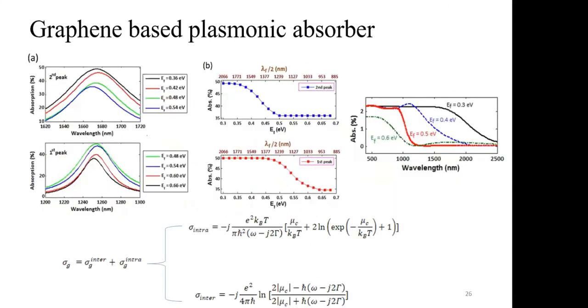Based on this curve, at the wavelengths you have one peak of maximum absorption that can be tunable while the other peak is fixed by changing the potential of graphene. And when the other one is fixed, you can tune the another peak of absorption here.